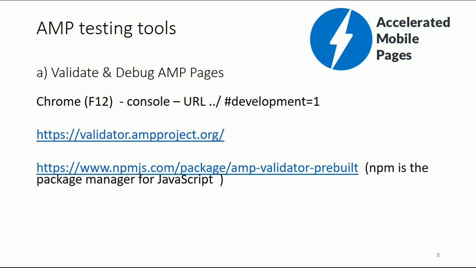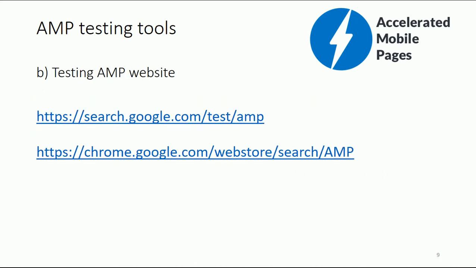In the second part I will show you how we can test the developed AMP websites. Here I will show you one, the Google built-in tool, which automatically validates any website you give it.